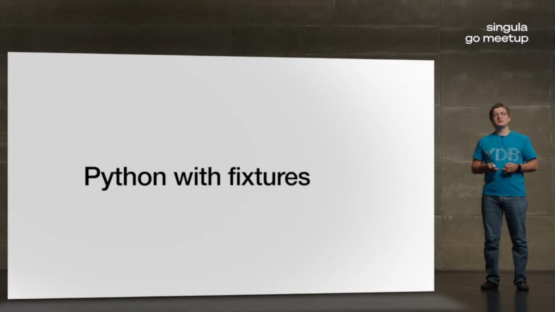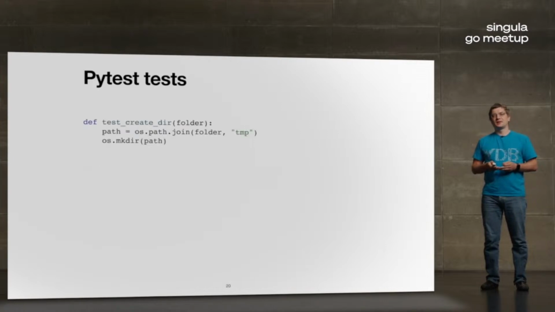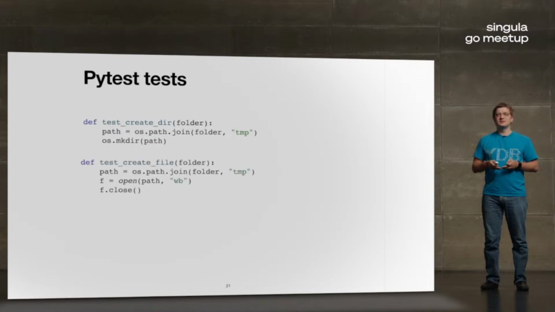Our first test is to create a directory. The test receives a folder as an argument. Folder is a path for a temporary dir. It is our work dir, and the test can use it from the start of the test. After the test finishes, the directory will be removed with all contents.